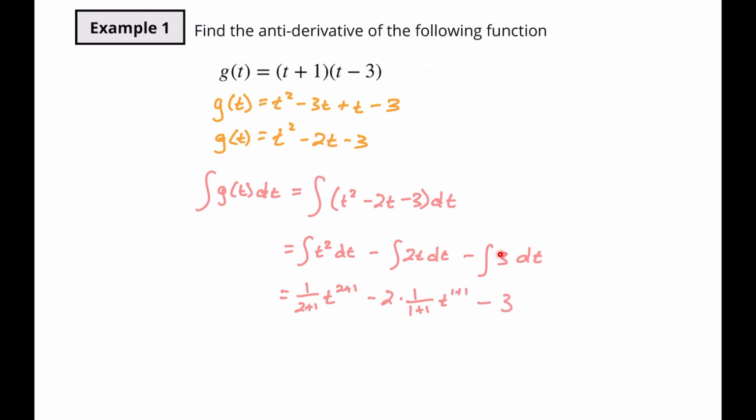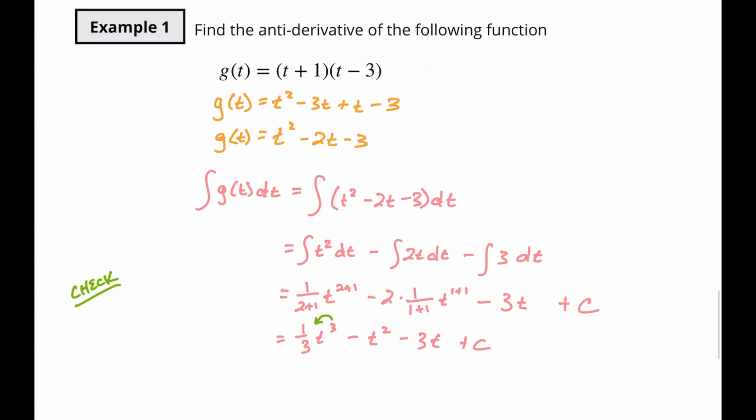Now the integral of 3, a constant, we said was just going to be 3t, and then we're going to add c to the end of all of this. We don't have to do c to each one of these things because this whole thing is one function, so we're just going to have that one constant of integration on there. And now let's simplify, where we've got 1/3 t cubed. Let's see, minus 2 times 1/2, that's going to be minus t squared minus 3t plus c.